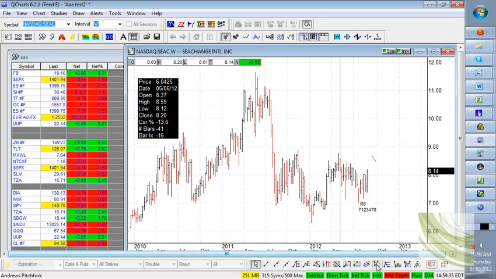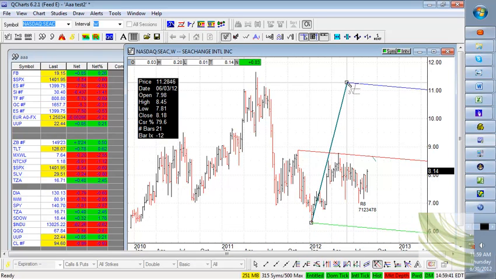Now for the GANN people, what they'll probably do is they'll look at this and say, gee, if prices go past here, which is where our reaction line is, then the target is up here. And that's an interesting method of analysis. And what's really cool is the GANN people who use that will actually support us.